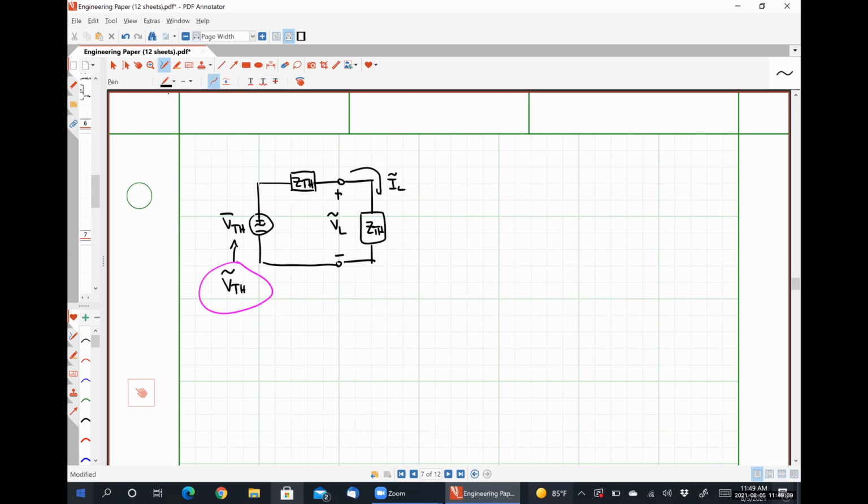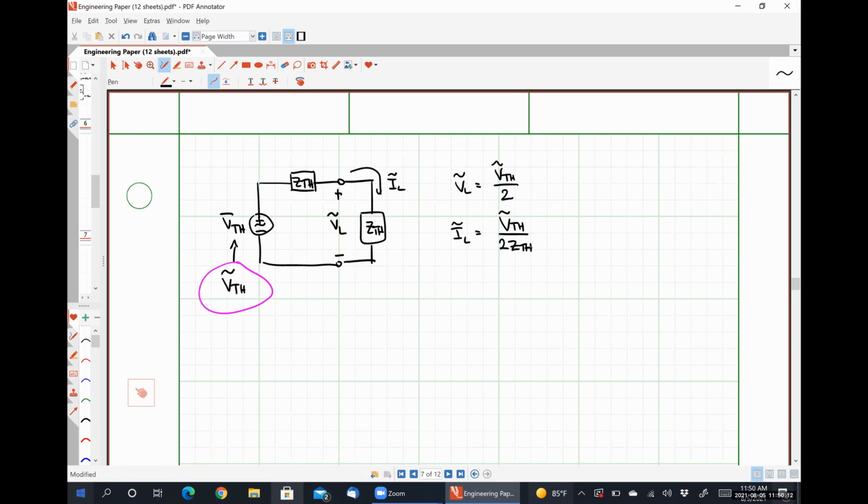From this point, then, VL is simply VTH over 2, and IL is simply VTH over twice ZTH.